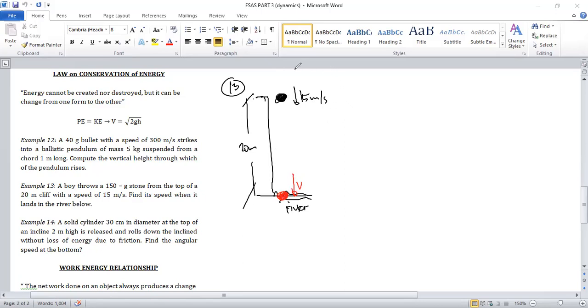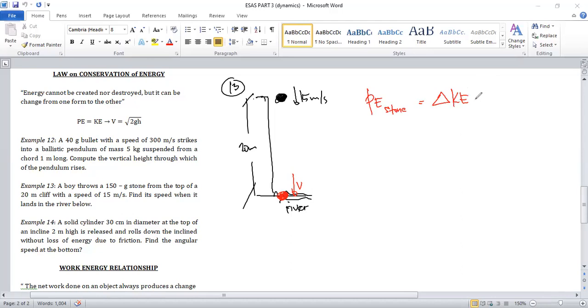We'll revise our analysis from a while ago. The potential energy possessed by the stone is equal to the change in kinetic energy possessed by the stone while it is moving.